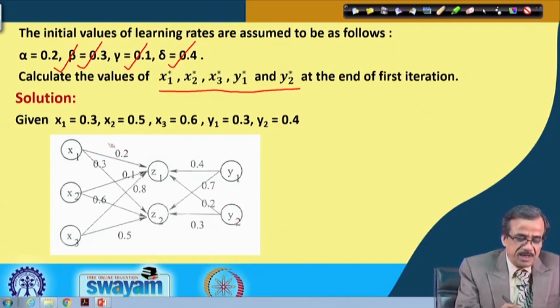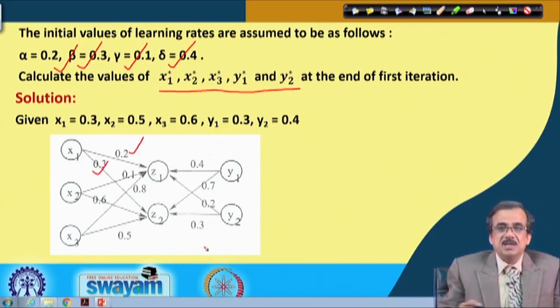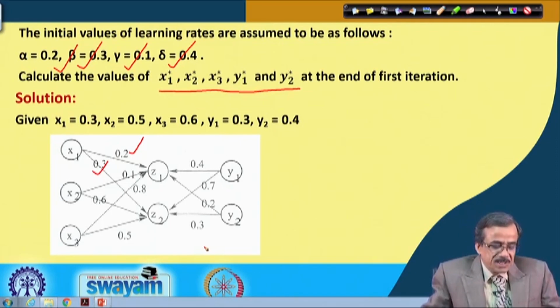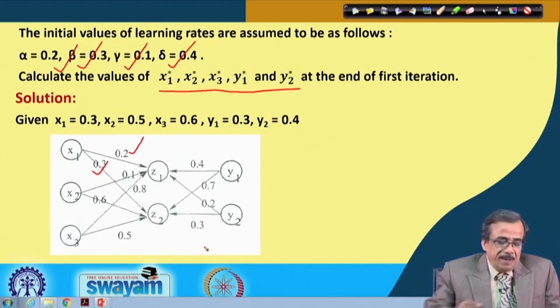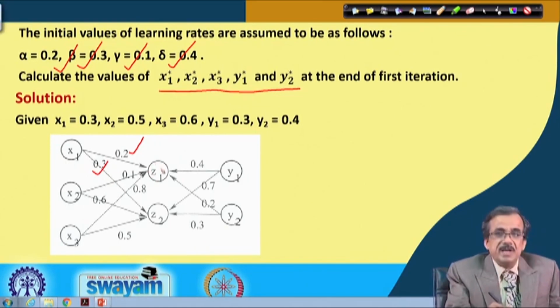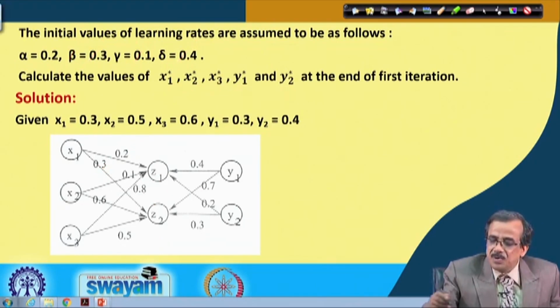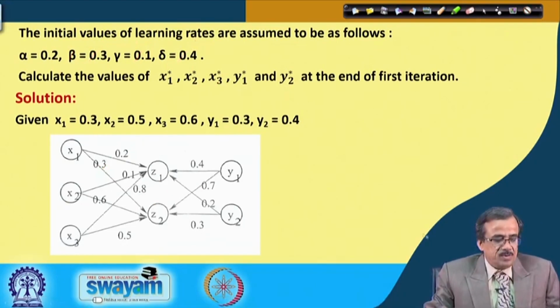And if you see the connecting weights, this particular connecting weight is 0.2, 0.3 and so on, and here also we have the connecting weights. The first thing you will have to do is find out the Euclidean distance from these 2 hidden neurons, and declare a winner out of these 2. Now, let us see how to proceed with that calculation.